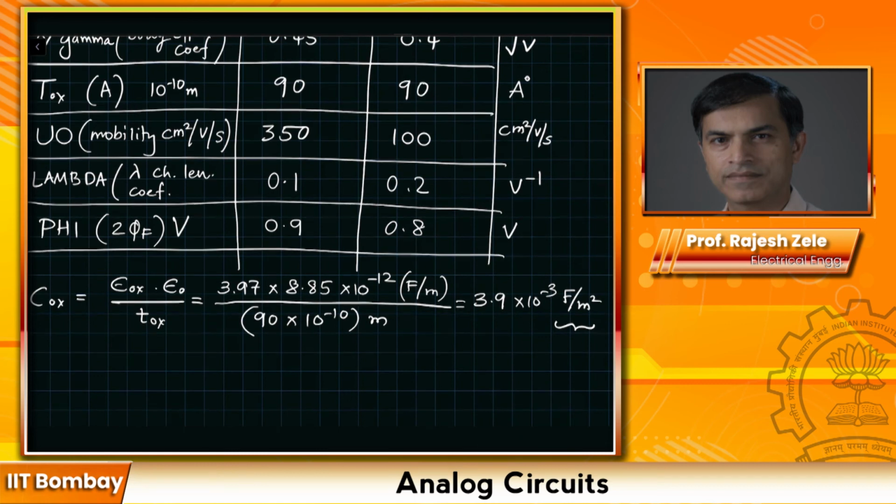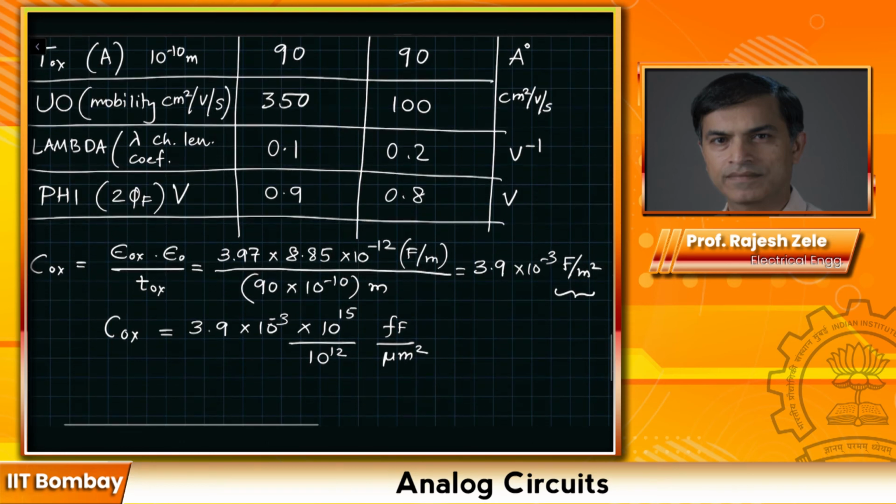We can say that Cox is equal to 3.9 times 10 to the power minus 3 multiplied by 10 to the power 15 and divided by 10 to the power 12. So this would be our femtofarad per micrometer square, and you can quickly get a number which is 3.9 femtofarad per micrometer square.